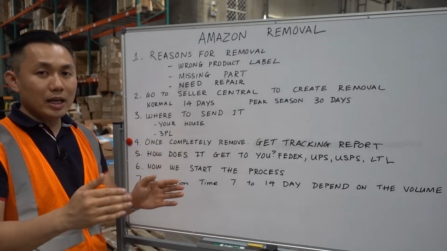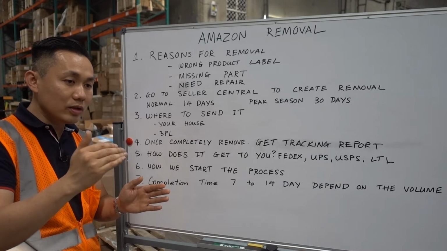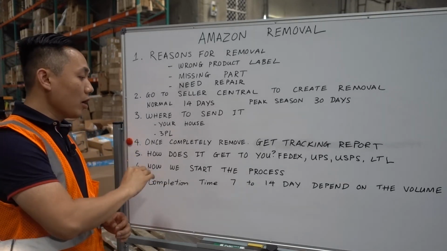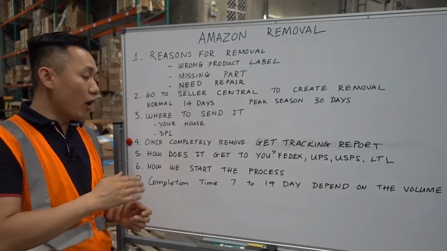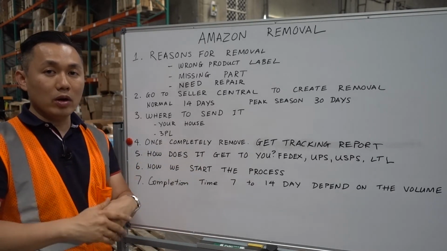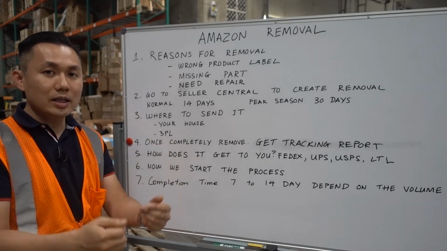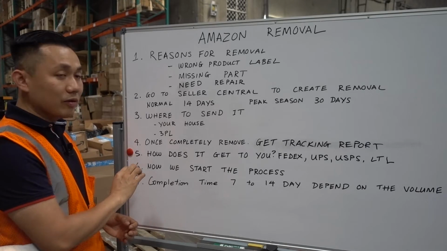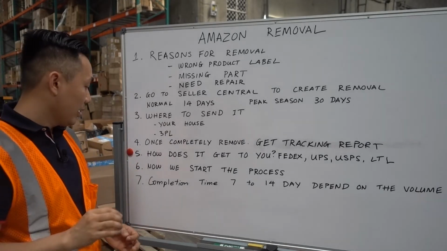You look at the tracking and you track all of it, and once you see that it's all completed, that's when you start to work on it, and that's when you notify your third party like us, and you say, hey, my removal order is complete, here's the tracking list, can you please start working on it? So that's number 4. All right, so now we move to number 5.